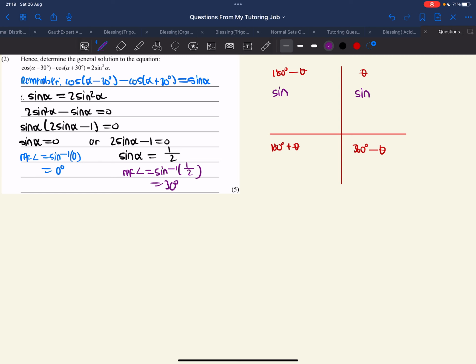On the third quadrant it's going to be tan, and on the fourth quadrant it's going to be cos. In the first quadrant all the trigonometric functions are going to be positive, but sine is basically going to be positive in the first one and the second one.